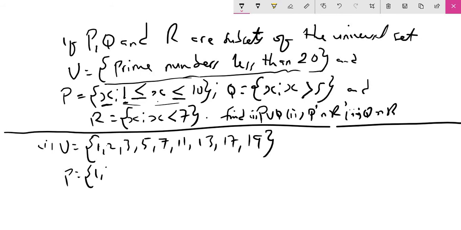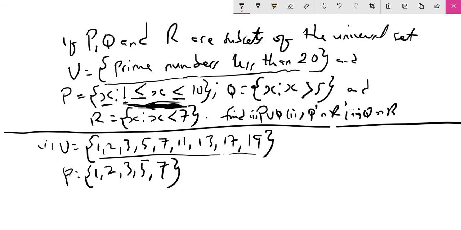Very important. So we list them out: 2, 3, 4 would have been within this range, but it is not in the universal set, so there's no way it can be in P, so we don't write 4. Then 5, 7. So basically we write out the elements that satisfy this condition, the elements that are from 1 to 10. And 7 is actually the last number. The next number is 11, which is greater than 10, so we end here. So these are the elements in the set P.